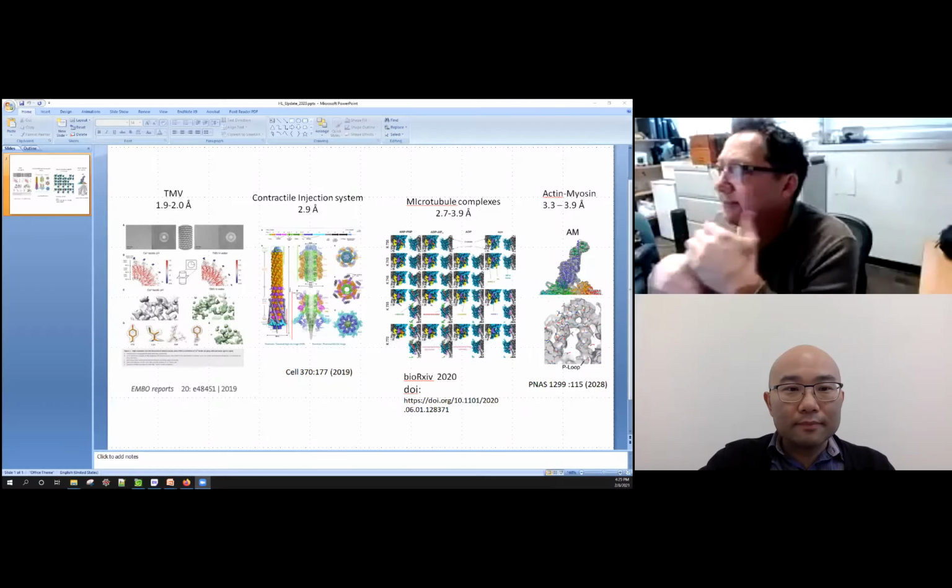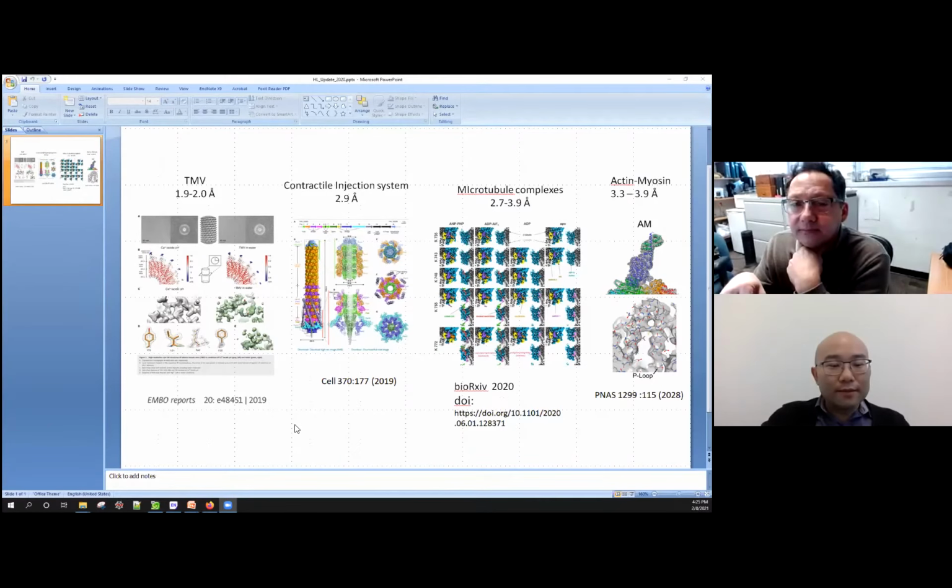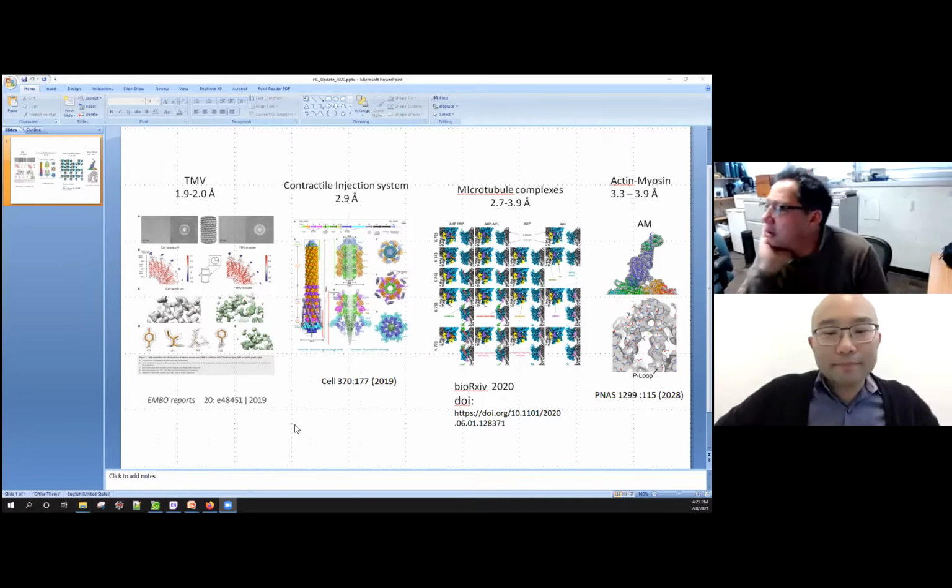Yeah, well, I just went to the database and looked at recent structures solved by helical reconstruction. Let me share the screen. Okay, can you see it? Yes. Okay, so these are some structures.